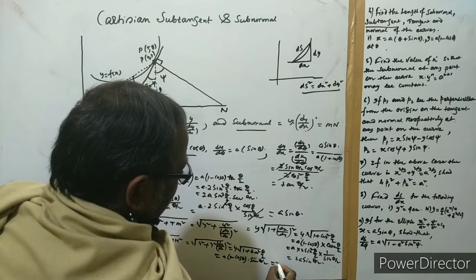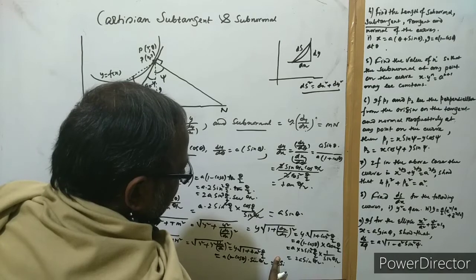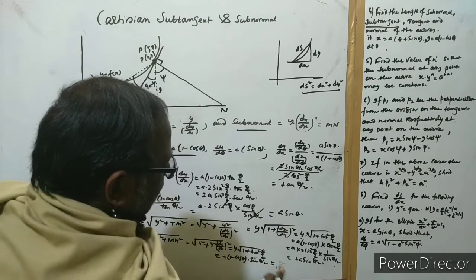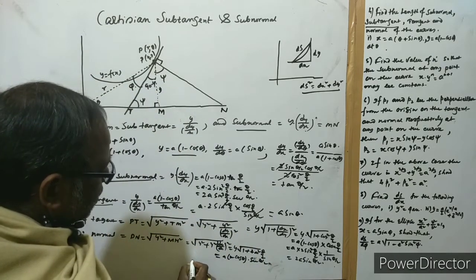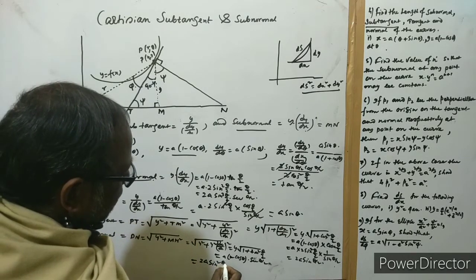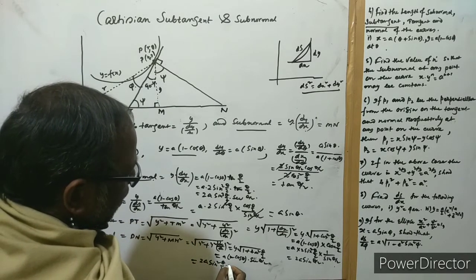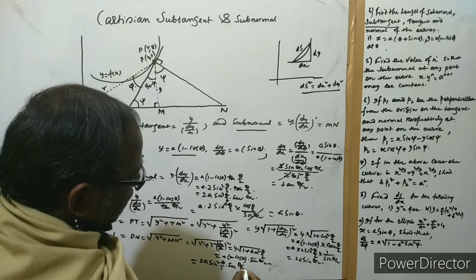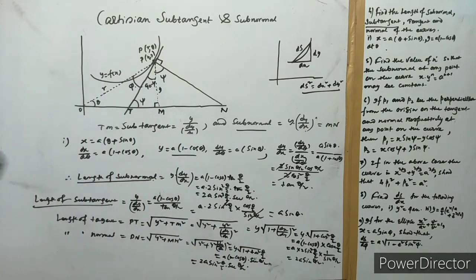So this is 2a sin square theta by 2 and sec theta by 2 actually. This is the answer for question number 4. Now see the calculation carefully.